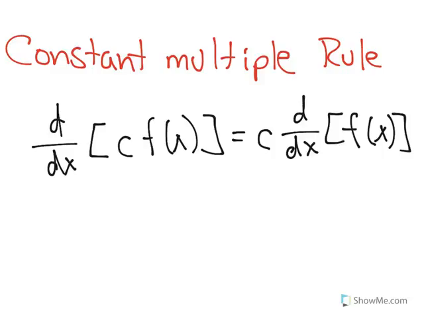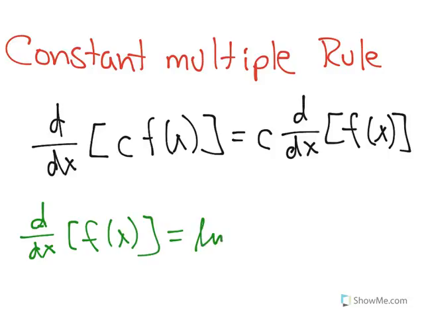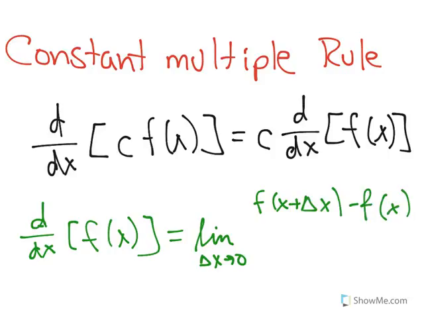One way to look at it is that if you remember, we said that d/dx of f of x, the derivative of f of x, was the limit as delta x approaches 0 of f of x plus delta x minus f of x over delta x.